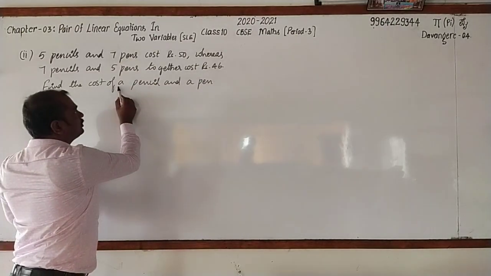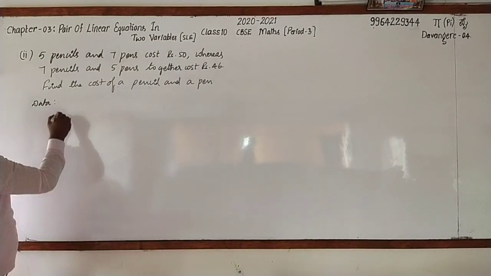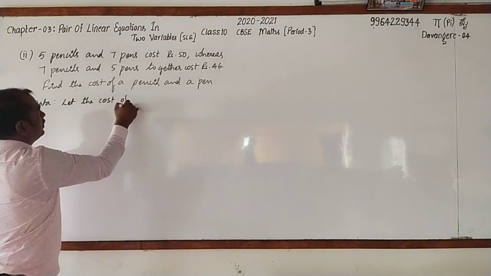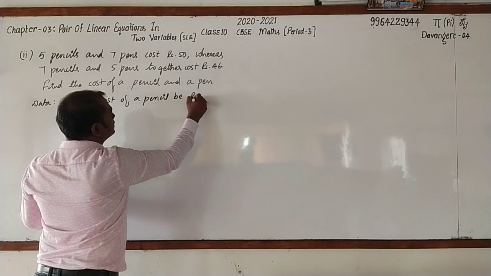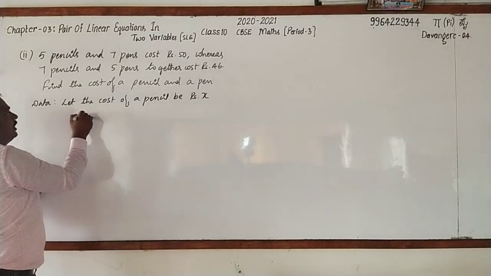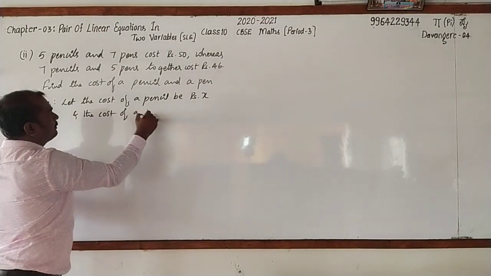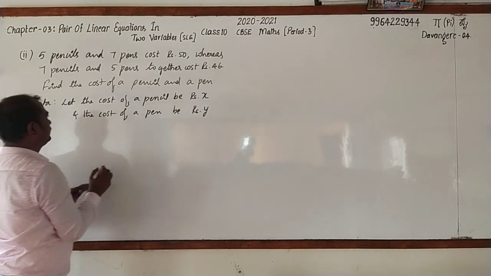You are going to find out the cost of a pencil and the cost of a pen. We do not know them. Let us assume, let the cost of a pencil be rupees X, and the cost of a pen, call it as rupees y.